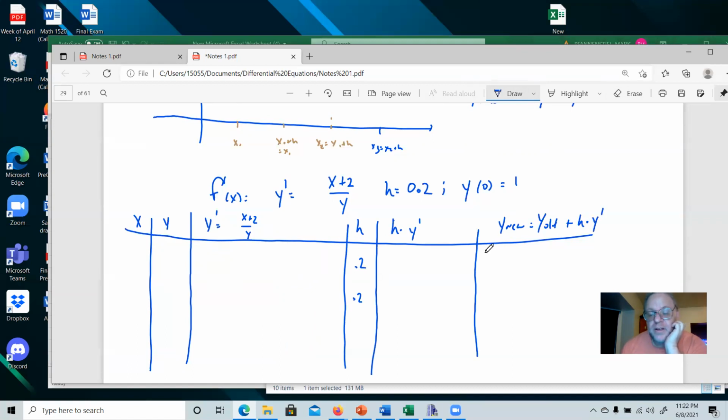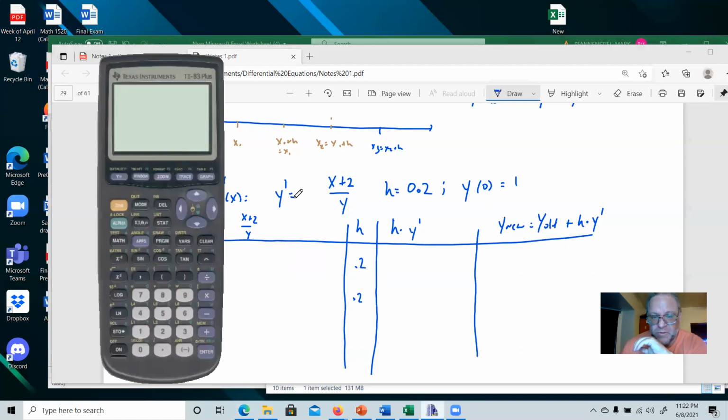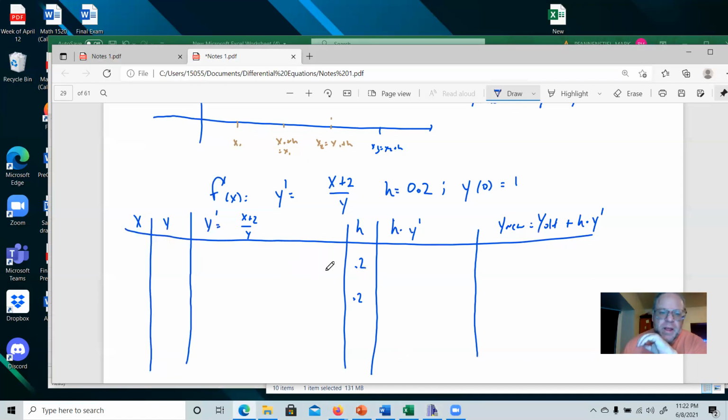All right. So there's going to be a lot of arithmetic, and like I said, I'll do a couple on paper, and then we'll quickly move to something else, okay? All right. So what's our beginning position? X was 0, Y was 1.